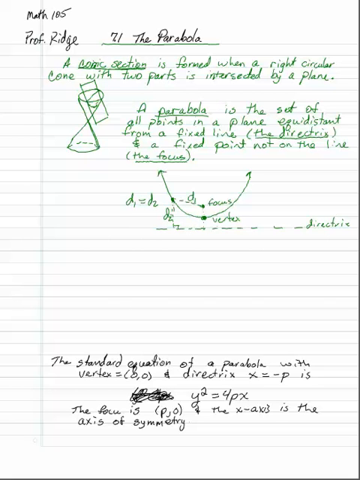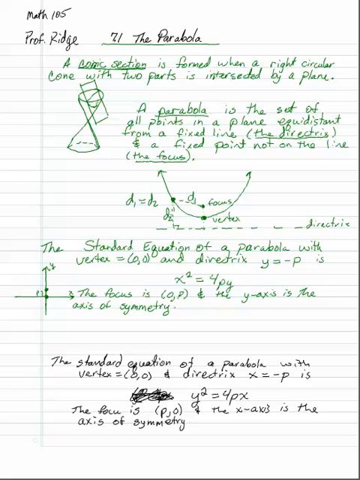So the distance from the point on the parabola to the focus and from the point on the parabola to the directrix has to be equal. From that definition, we can use the distance formula to figure out the equation of a parabola centered at 0, 0. I'll leave that for you to look at if you're interested, but let me write down the equation for you.